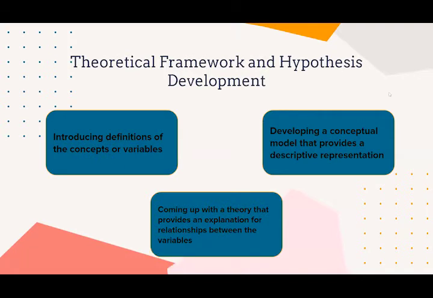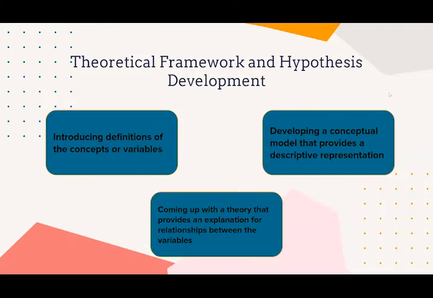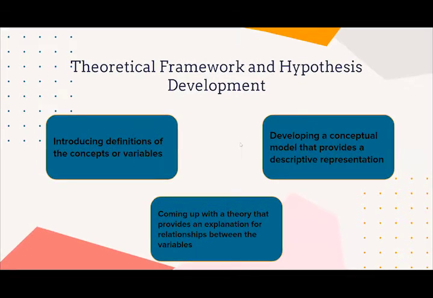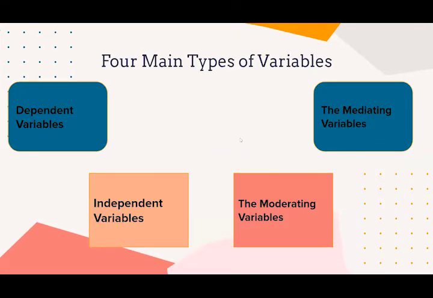Since a theoretical framework involves the identification of the network of relationships among the variables, it is essential to understand what a variable means and what the different types of variables are. There are four main types of variables. The first one is dependent variables, then independent variables, moderating variables, and mediating variables.